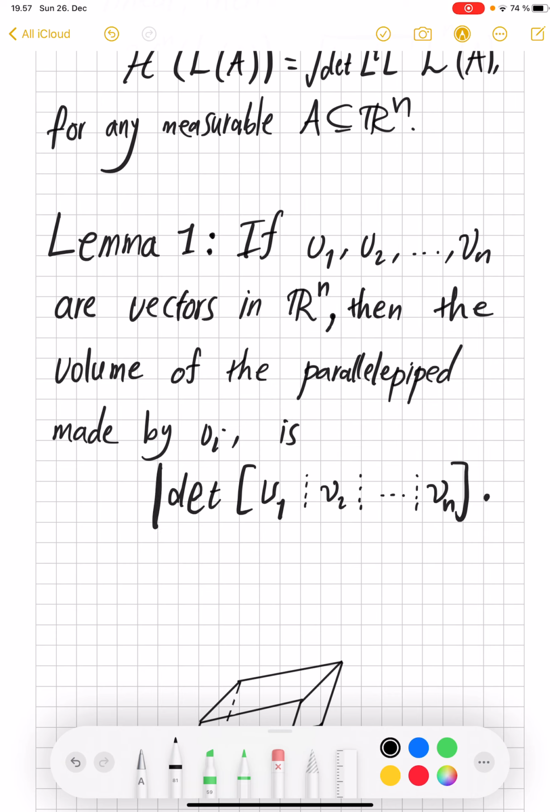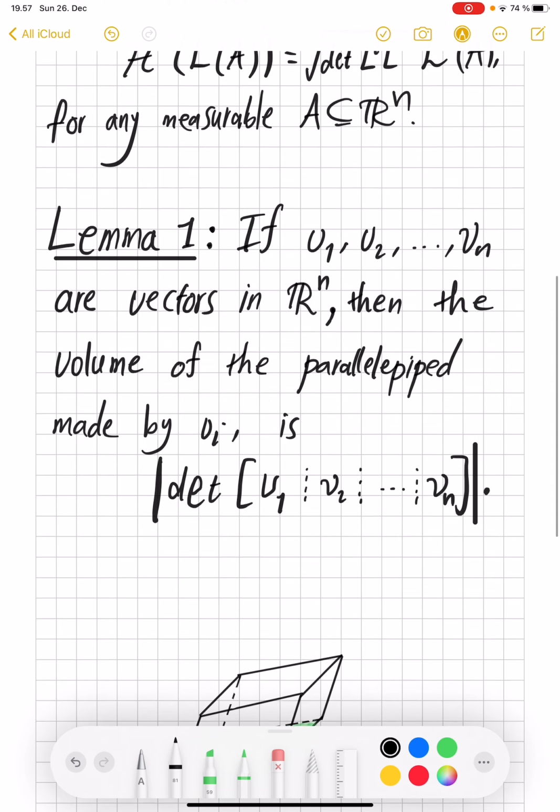I have to put the absolute value because it could be negative, so technically it would be false without it. So this is a very simple recipe for how to compute the volume of parallelepipeds. Just put them in columns of one matrix. That becomes an n by n matrix. Just take its determinant. The sign actually tells you if the vi are in the positive orientation or not, but that's something we don't care about in this video.